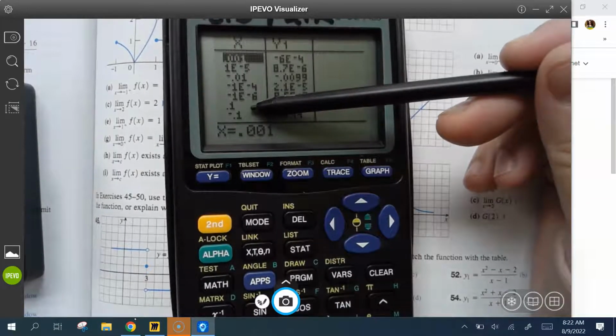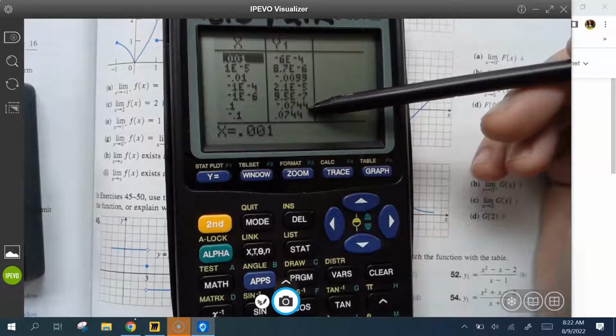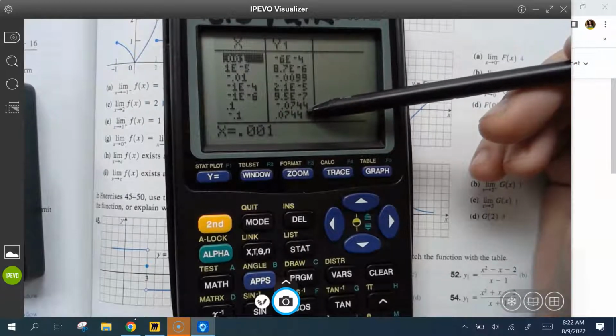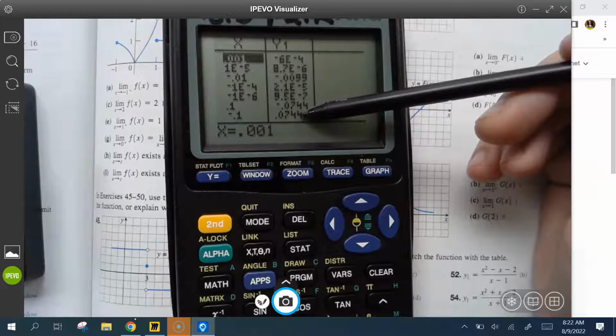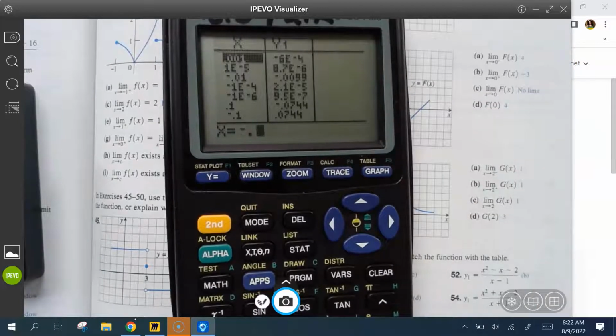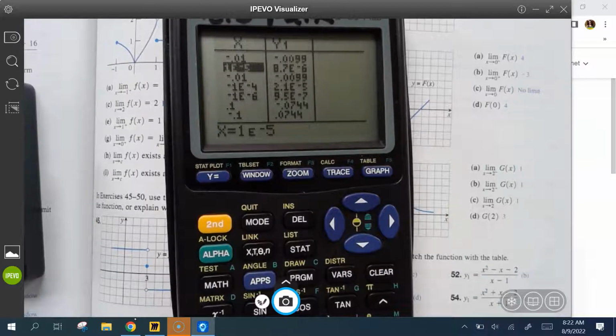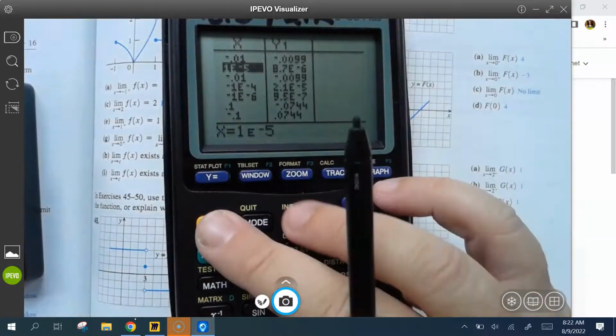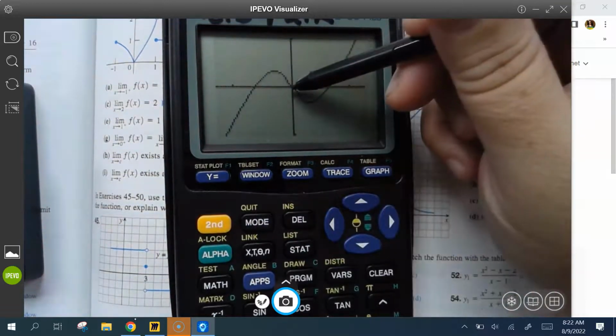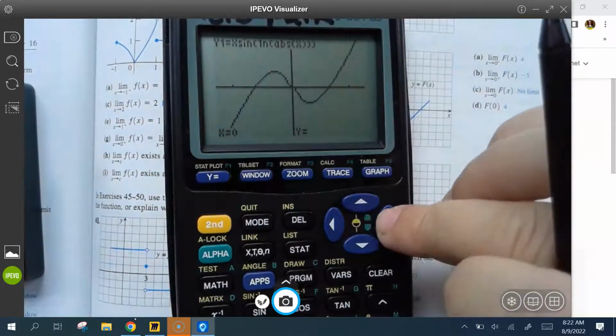If it's coming from the positive side, it should have been negative. It should have been positive. Does it jump down some? Let's see. Negative 0.01.